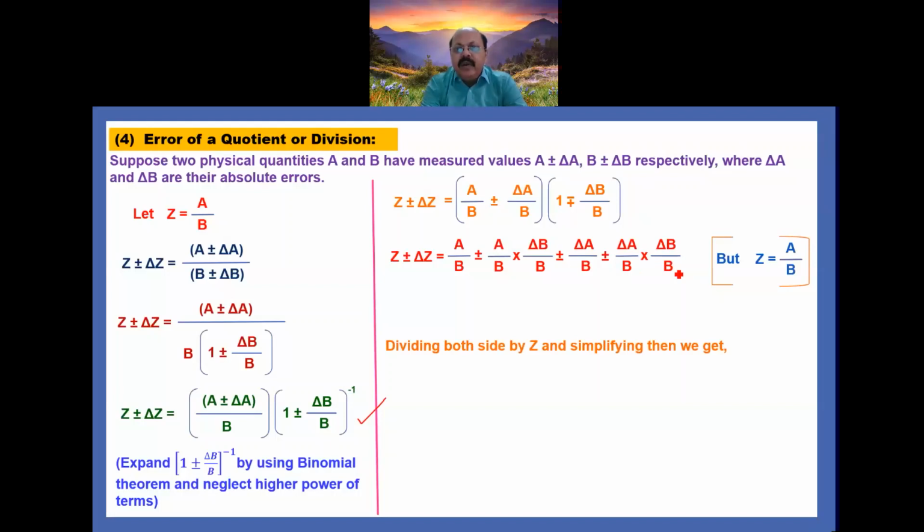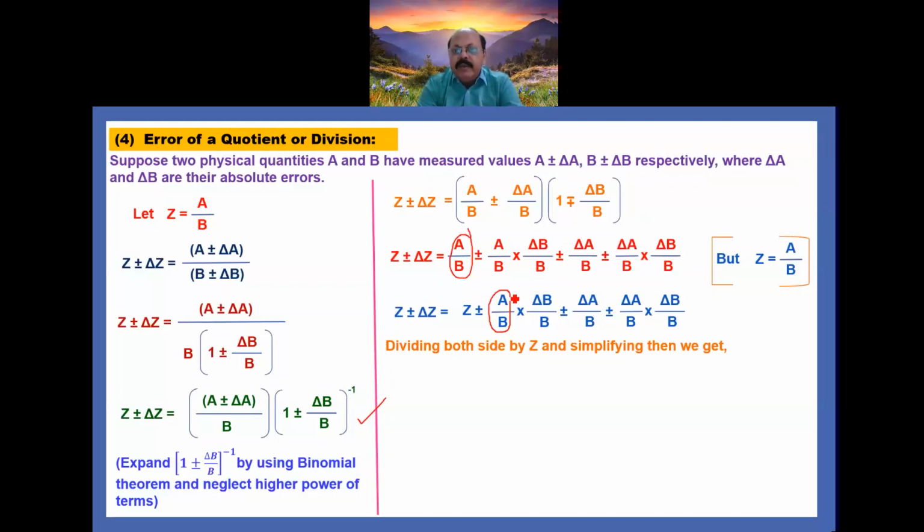But z equals a upon b, so you substitute in place of this z. So the expression becomes z plus minus delta z equals z plus minus z into delta b upon b plus minus delta a upon b into delta b upon b.